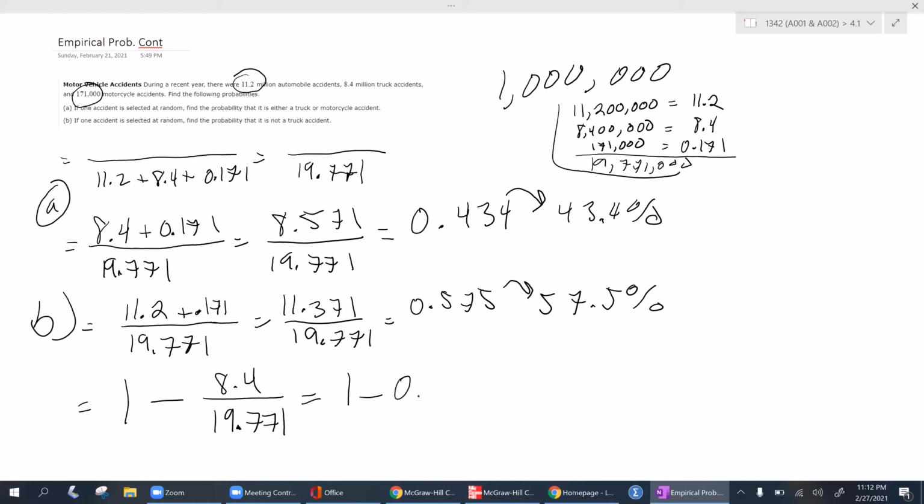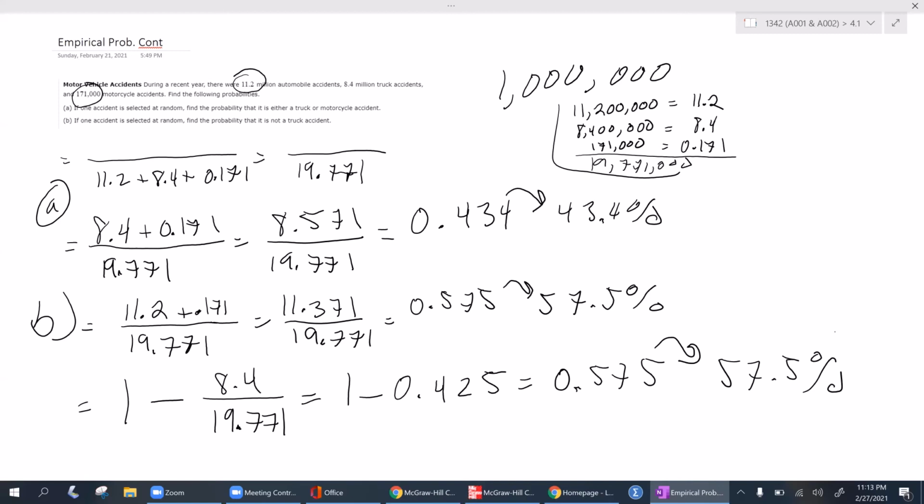This is 0.425. And 1 minus 0.425, what does that give me? This gives me 0.575 or 57.5%. And hey, look at that, it gives us the same value. And it's always going to give you the same value.